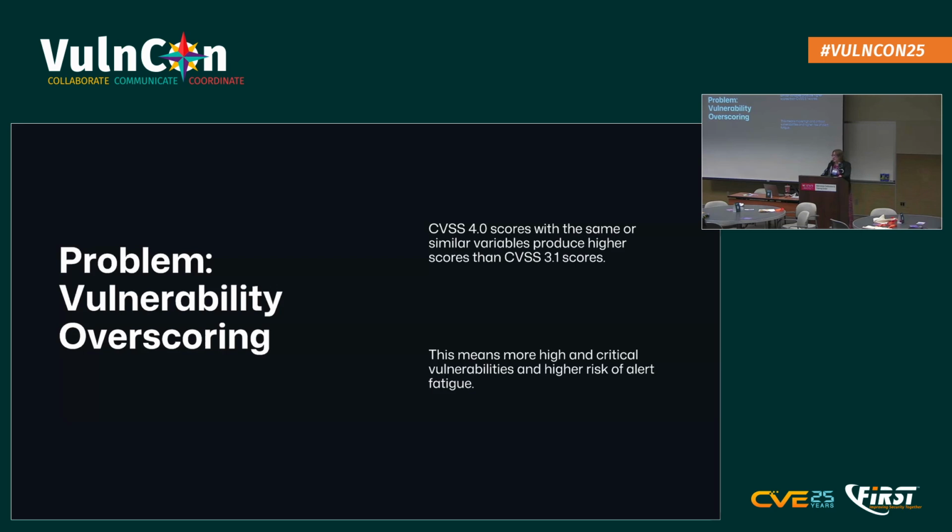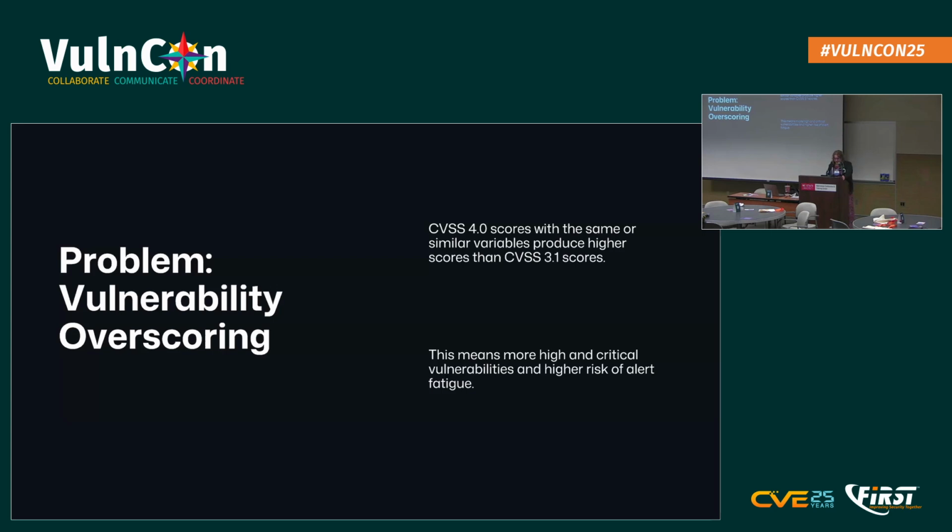And because there are many, many orgs that deal with critical and high vulnerabilities in certain ways, according to their policies, they have to move quickly to act on those vulnerabilities. And that can increase the risk of alert fatigue if all of a sudden you are dealing with a lot of critical vulnerabilities and a lot of high vulnerabilities when all that's really changed about the vulnerabilities is the scoring system that's used about them.